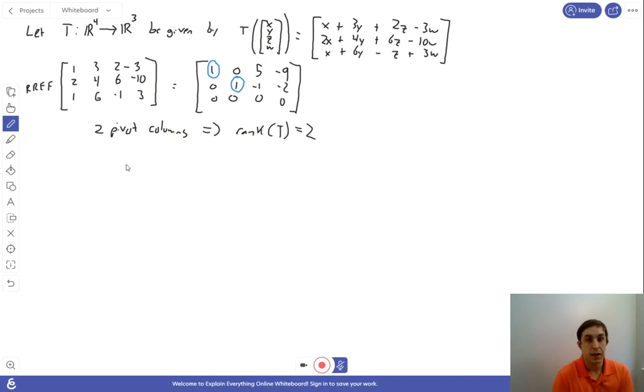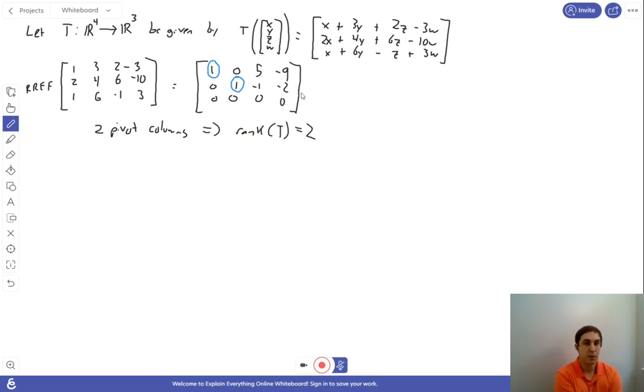Now the nullity is the dimension of the kernel. So the kernel, remember, is all the things that get mapped to the 0 vector. So we would think about solving how to produce the 0 vector out of the image here. So it would be solving the homogeneous system where we augmented this with the 0 vector. And if we were trying to write down the basis of that homogeneous system, we would be looking for free variables, which would tell us what the dimension of that solution set is.